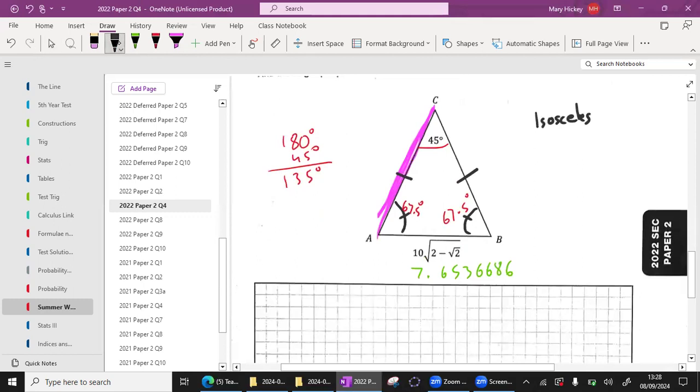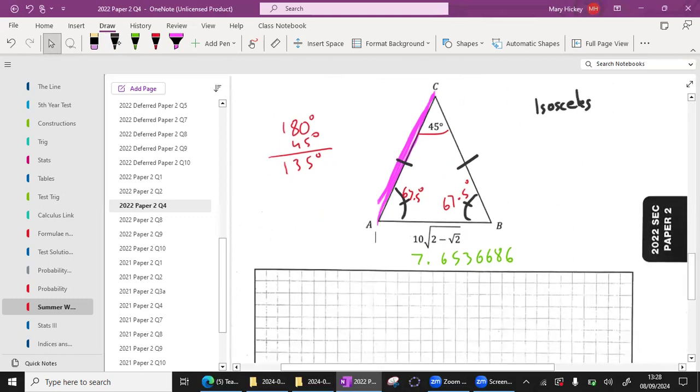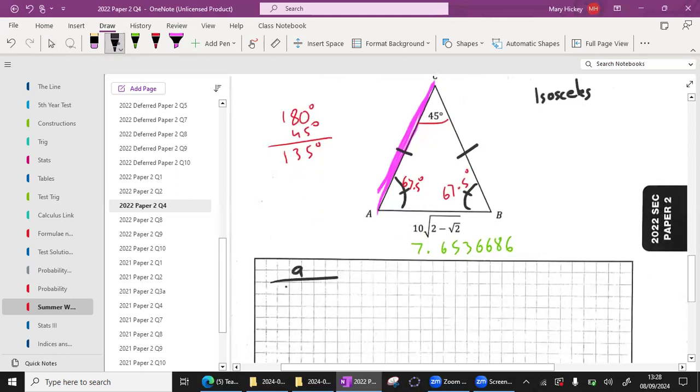The first thing we do if we're in an exam is we copy down the formula because we obviously want to get our maximum marks. So I'm going to write in my formula just to make sure that the examiner does indeed give me the marks for any sort of filling in I do regarding the sine rule.